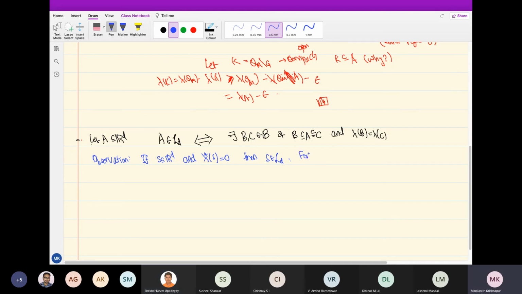Exactly. So for any E, we have to look at lambda star of E. For any E in R^d, E intersection S complement is a subset of E, so lambda star of E is greater than or equal to lambda star of E intersection S complement by monotonicity.